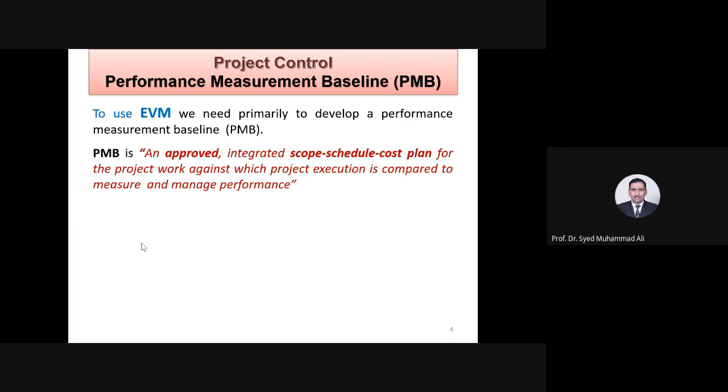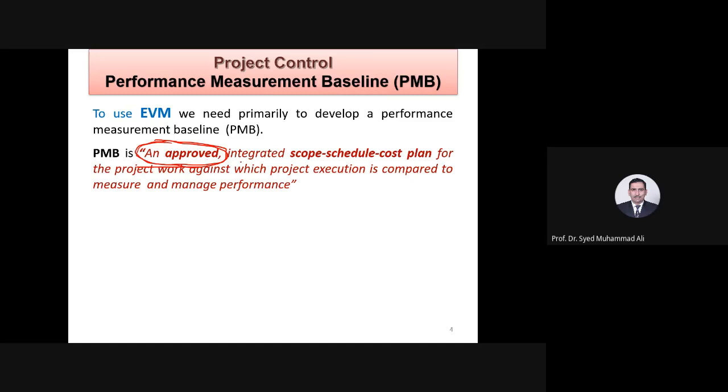When I asked all of you what a baseline is, many of you explained it, and then I explained that you are going to prepare a plan which you are going to show to the stakeholders, the client, PDA, CDA, NHA. If you're a contractor, first you are going to show it to your supervisory consultant who is supervising you. Then it will go to the client as well, the stakeholder, and then it will get finalized and approved. So that is the baseline.